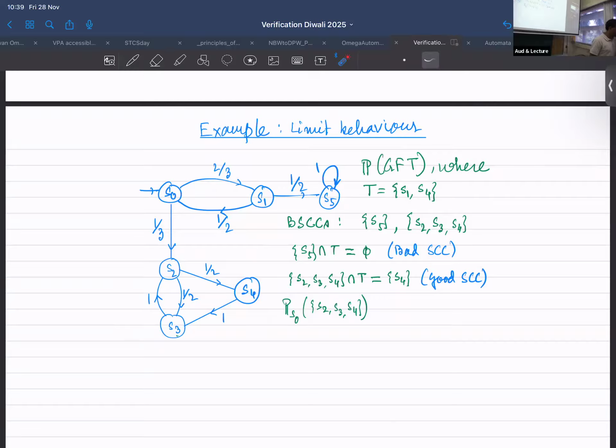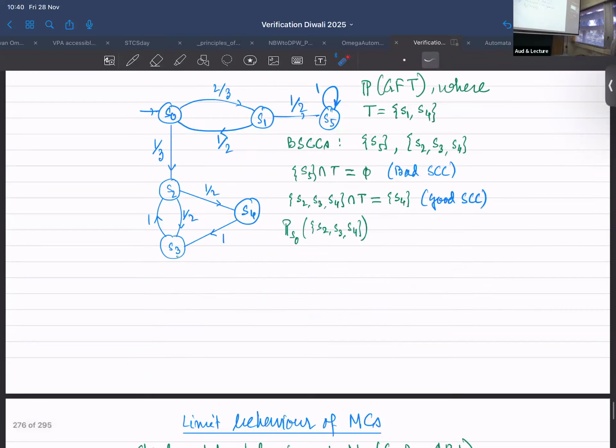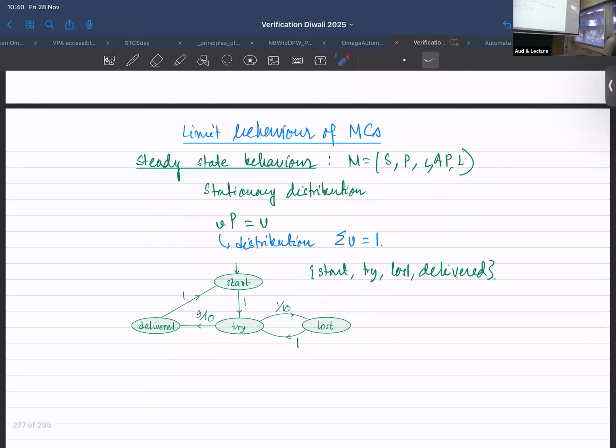So now you can compute this: the probability of reaching the state S2, essentially, starting from S0. Clear? You can compute that using your standard linear equations. So I'm not going through the computation. I think it's fine.